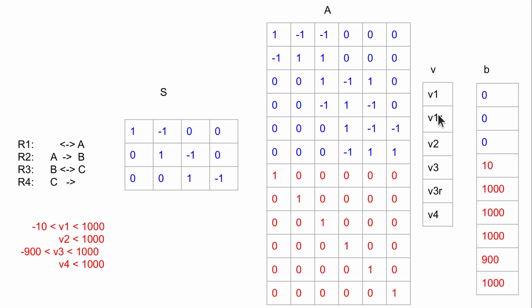We would get the same here. We could just switch the nomenclature. Similarly, v1r has to be less than 1,000. v2 has to be less than 1,000. And here we see that v3 has to be less than 1,000, with v3r being less than 900.